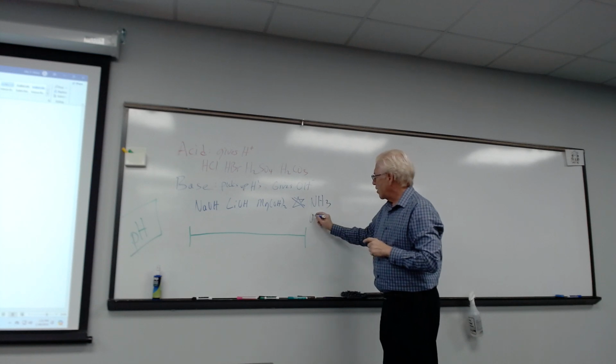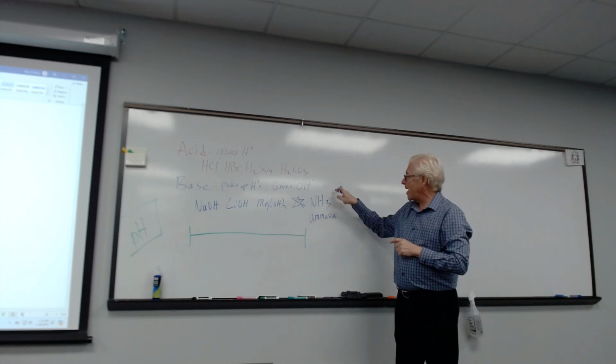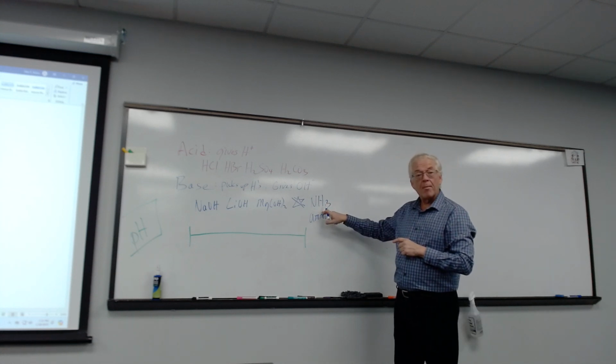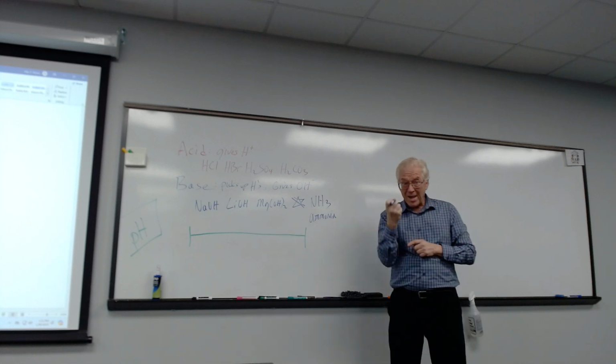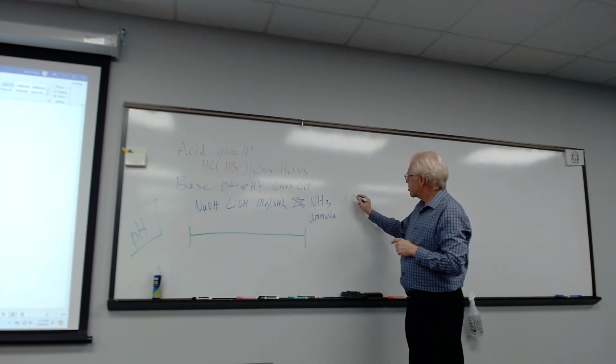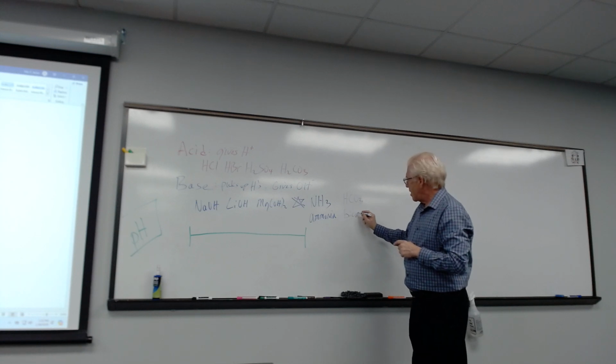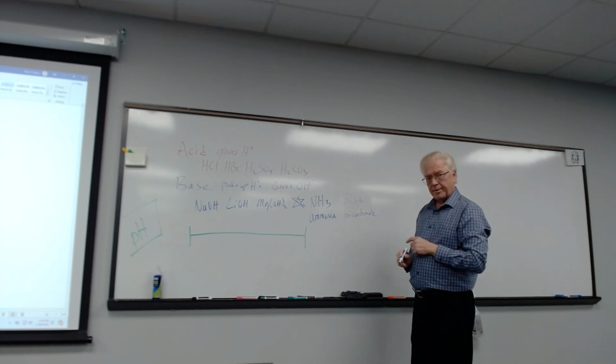NH3, which is ammonia. I don't see an OH here, but guess what? Ammonia picks up H's and becomes ammonium, NH4. So it picks it up. What's the other one? HCO3, bicarbonate.